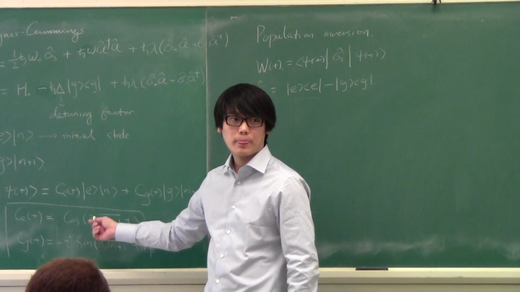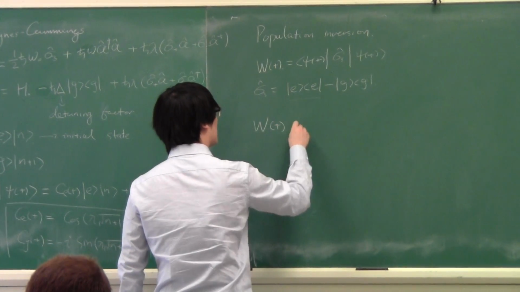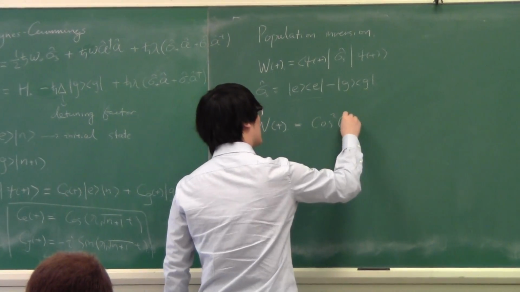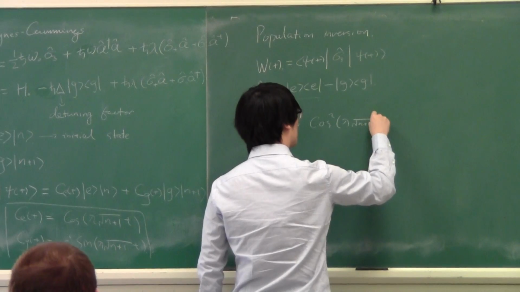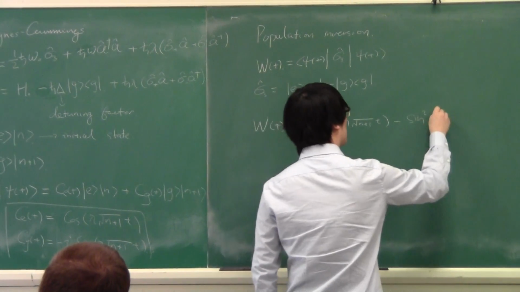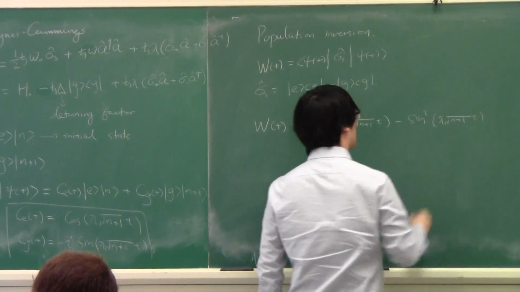So for the case of coupling to the number state, you get that this is cosine squared lambda square root of n+1 t minus sine squared.